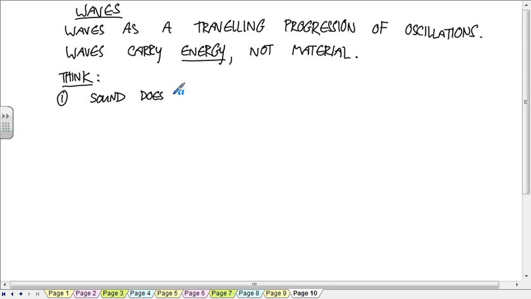I bet it would get old pretty quickly. 750 miles an hour is really fast. Like tornadoes, aren't they about 200 miles an hour?